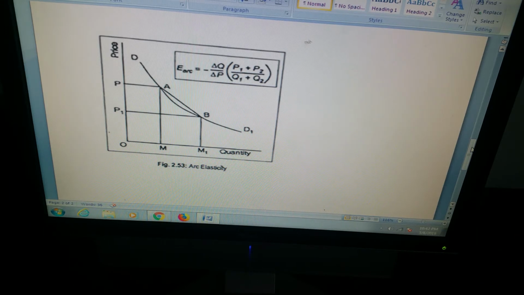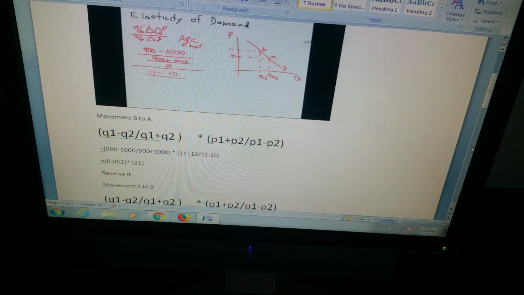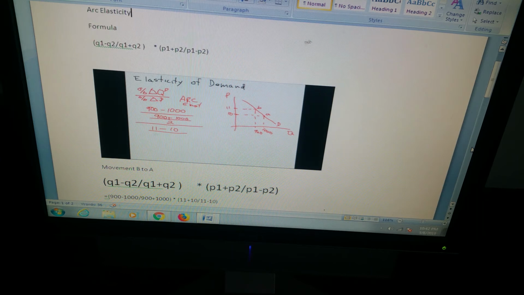So now let's go back and I will give you the formula. The formula to calculate price elasticity, arc elasticity, is (Q1 minus Q2) divided by (Q1 plus Q2), multiplied by (P1 plus P2) divided by (P1 minus P2).